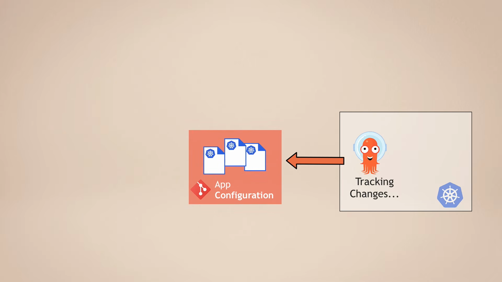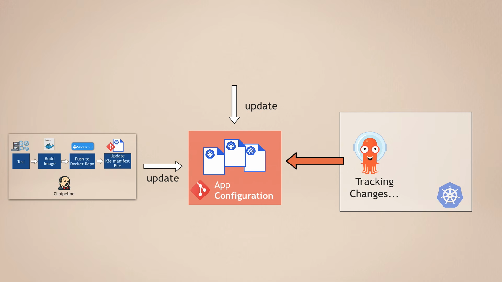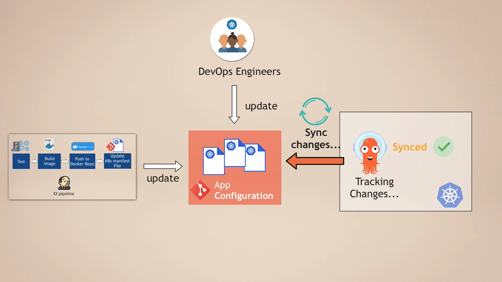So now, whether the application configuration repository gets updated by Jenkins in case of an image version update in the deployment YAML file, or by DevOps engineers where they change other manifest files, the changes will get automatically pulled and applied in the cluster by ArgoCD.